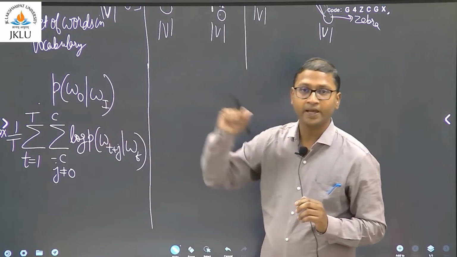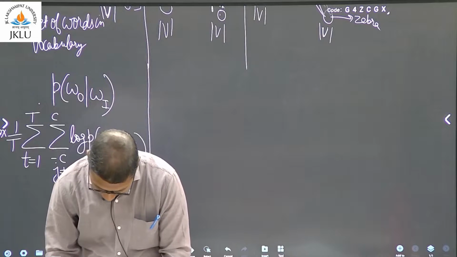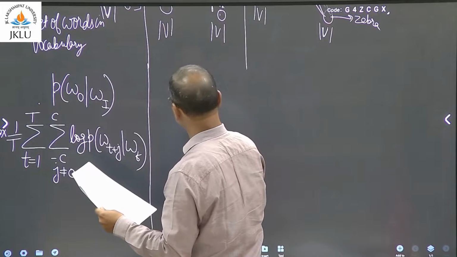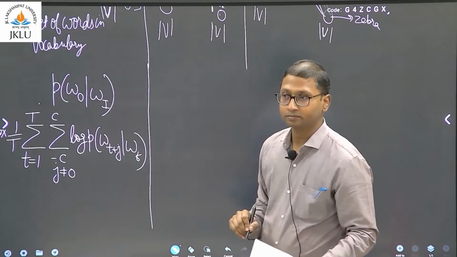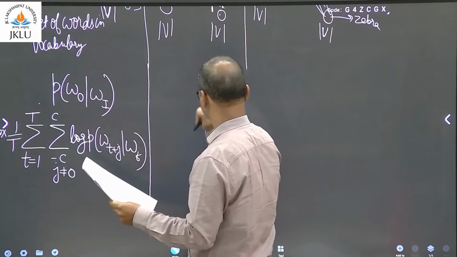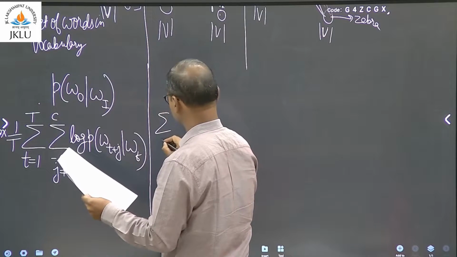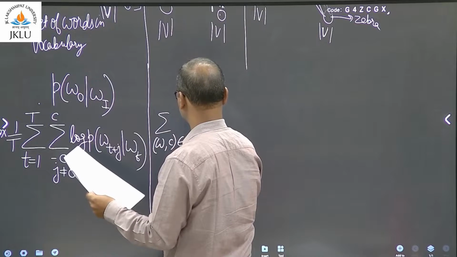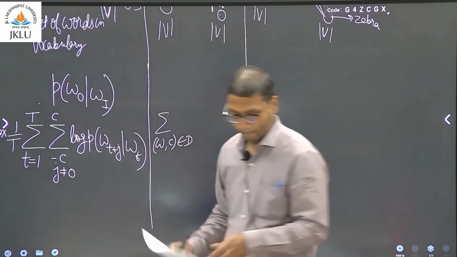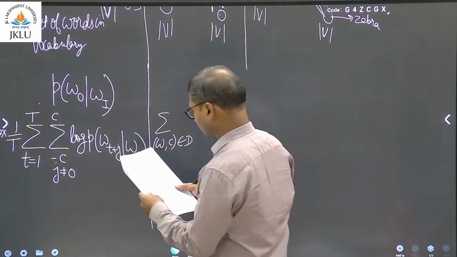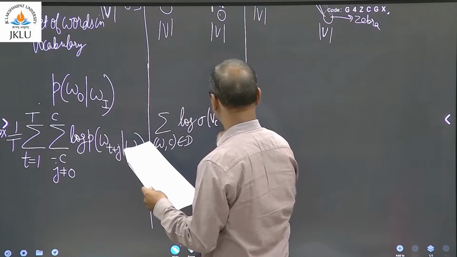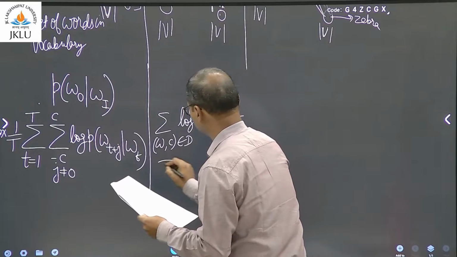So this whole thing gets replaced by log sigma of vc dot vw plus sigma.